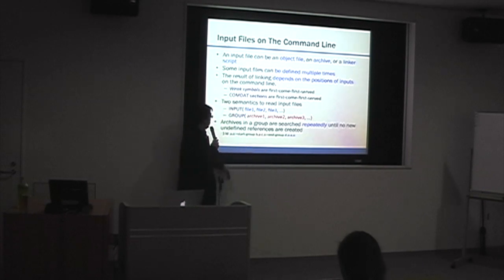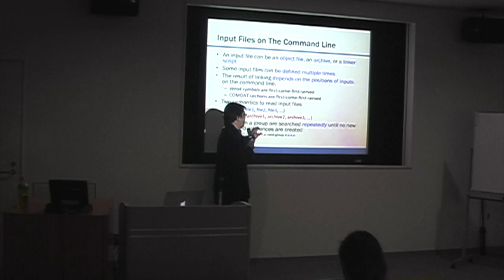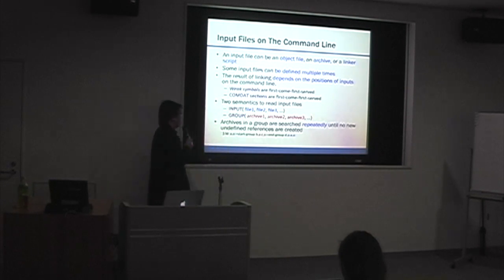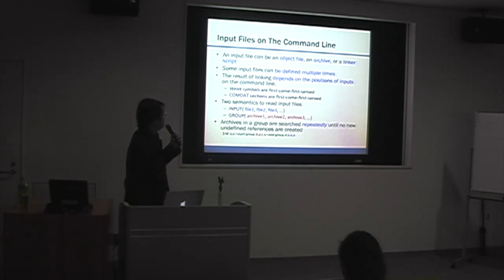The linker will read object A first, then archive B and archive C. If there are new undefined references, the linker will go back to read archive B and archive C again, and repeat until there are no new undefined references, and then go on to read object D and object E.